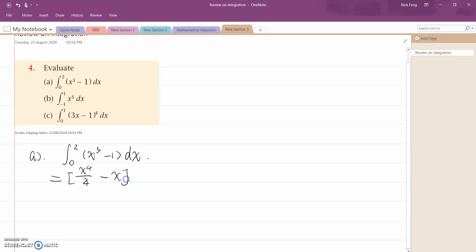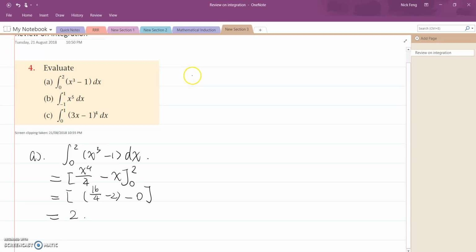Remember, the derivative of x is 1, so when you integrate 1, you get x. And then you substitute the values in using the fundamental theorem of calculus. So 2 to the power 4 is 16, minus 2, minus 0. Simple answer. Therefore, it's 4 minus 2. That just gives you 2.